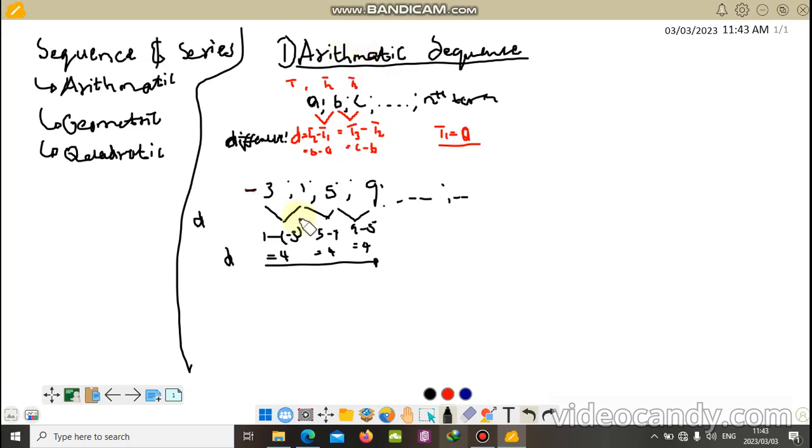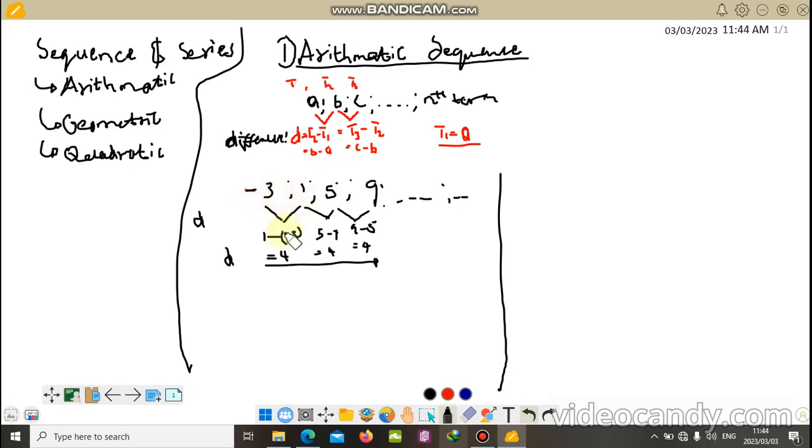So if you have this, let's look at it in another form. If the common difference is 4, how can we move from negative 3 to get 1? What happened from negative 3 in order for them to get 1?